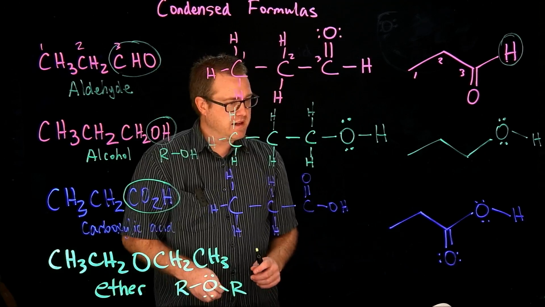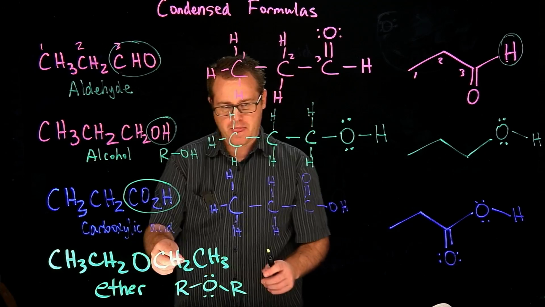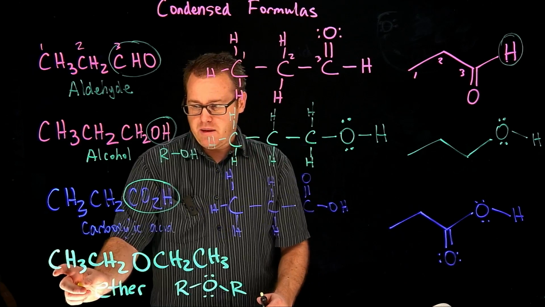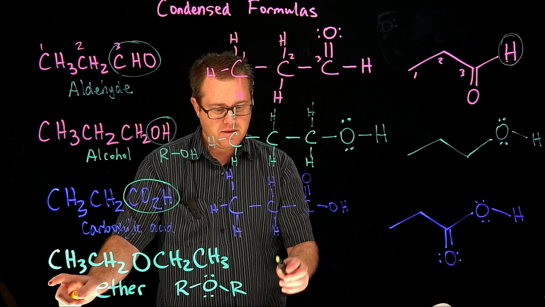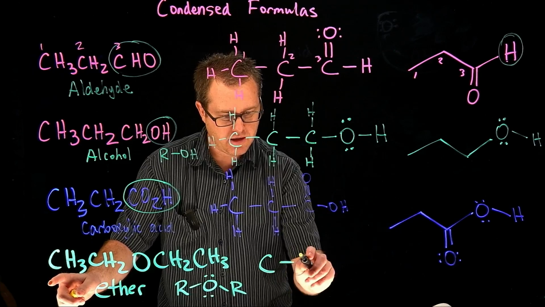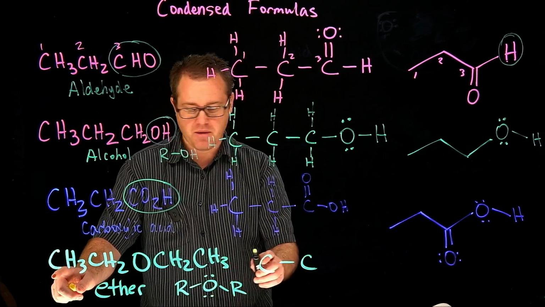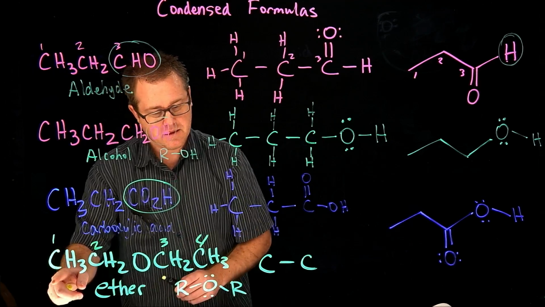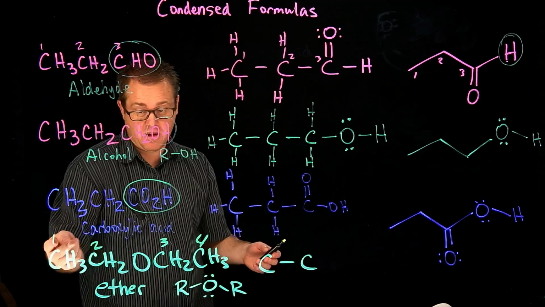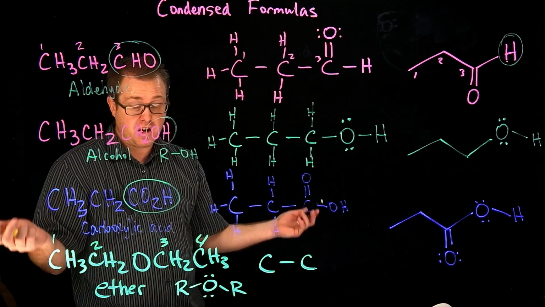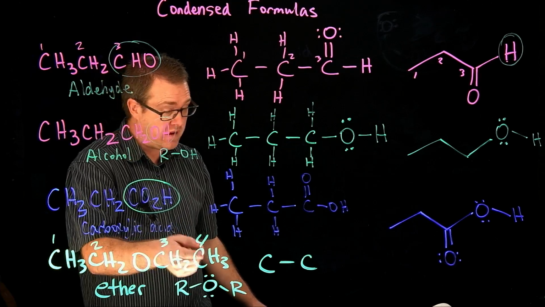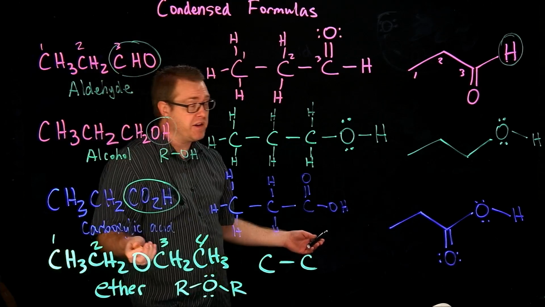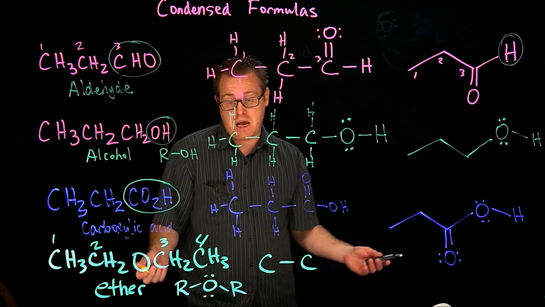So let's see if we can squeeze this in here. So we have carbon 1, carbon 2, and bonded to carbon 2, 3, 4. Now, do you see how I'm just numbering the carbons? I could have numbered 1, 2, 3, 4, 5. I could have numbered the oxygen if I wanted to, but I don't want to.